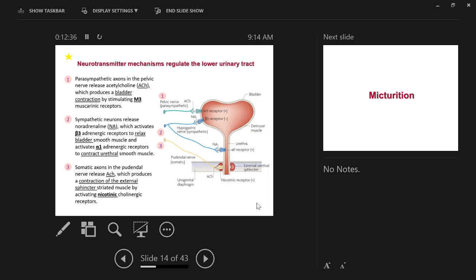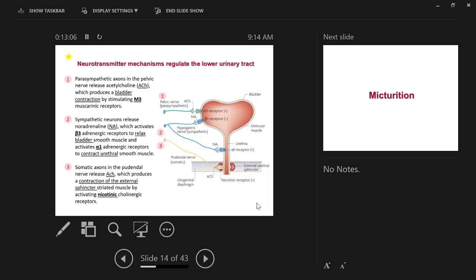So there are two different nervous systems regulating bladder contraction: M3 promotes contraction, beta-3 inhibits bladder contraction. The other branch from the sympathetic nervous system goes all the way to the urethra, and noradrenaline is released and binds to alpha-1 receptors.